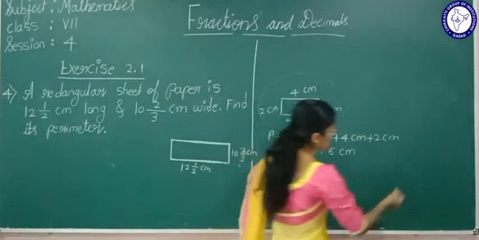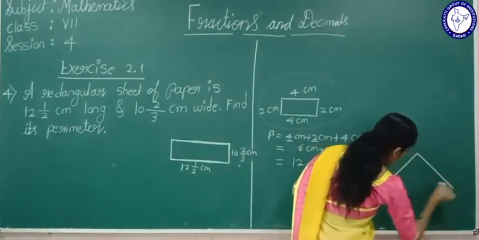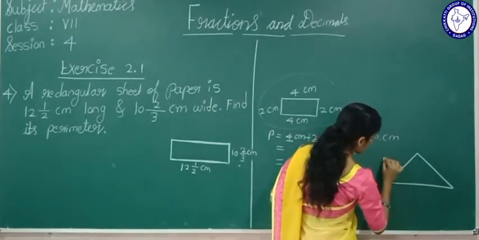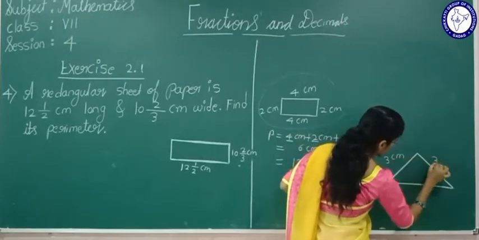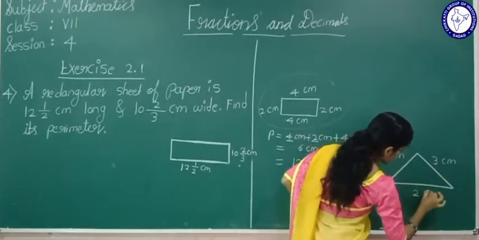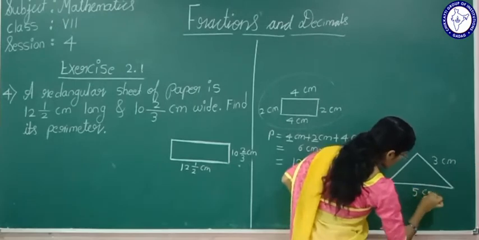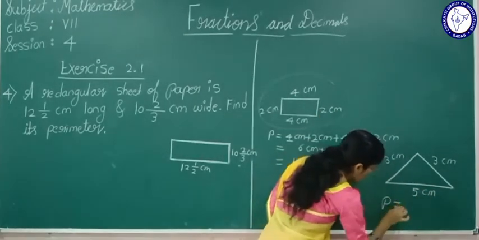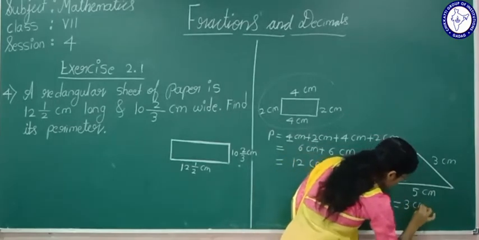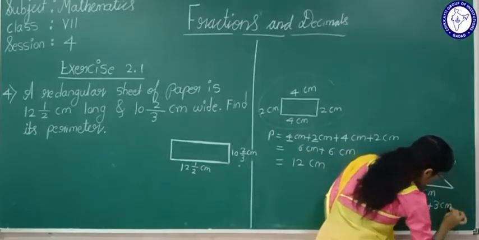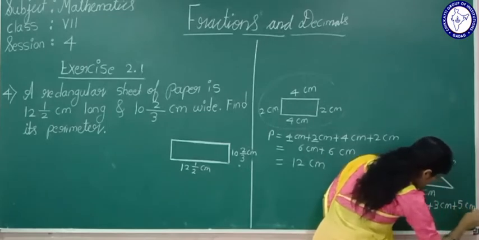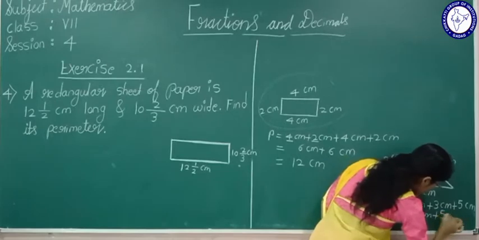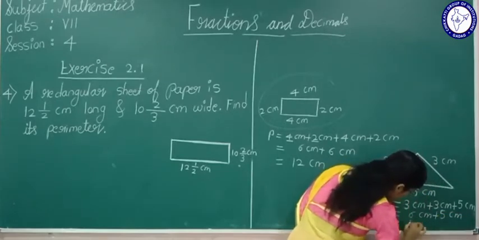Okay, if I ask you what is the perimeter of this triangle, add all its sides: 3 centimeter plus 3 centimeter plus 5 centimeter. 3 plus 3 is 6 centimeter, 6 plus 5 is 11 centimeter.